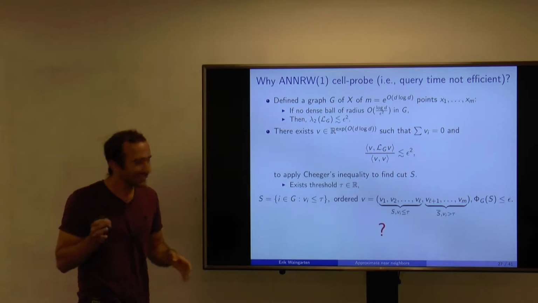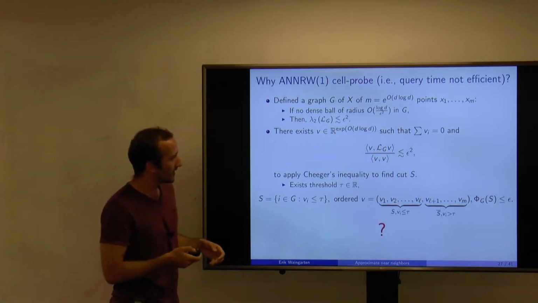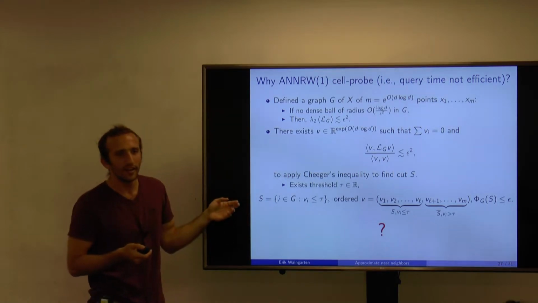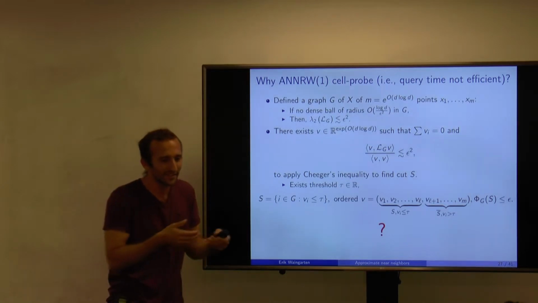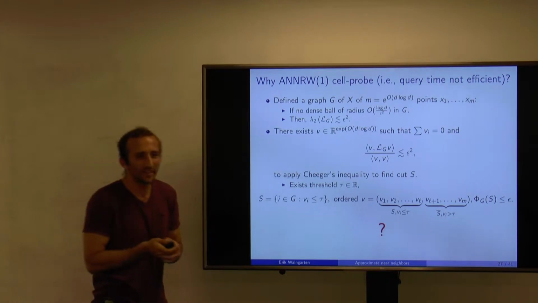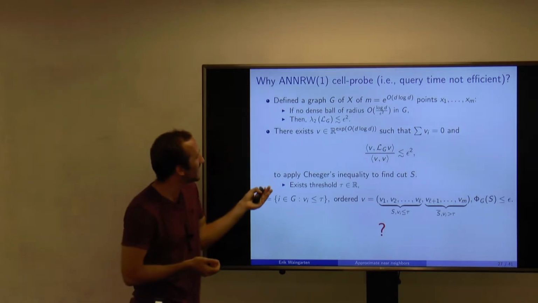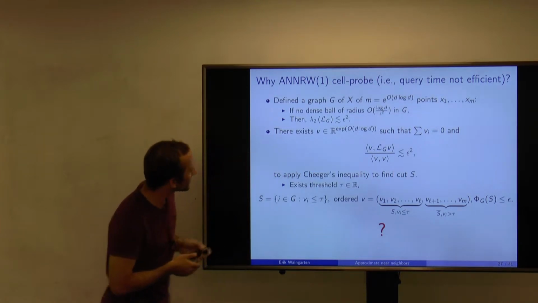But I claim that this is kind of a problem because doing this computationally will be a little hard, in the sense that we define this graph and now we've forgotten about the fact that this graph lies in R^d. We're just talking about this graph as a combinatorial object, and now we get some arbitrary cut given by the eigenvector to some matrix.